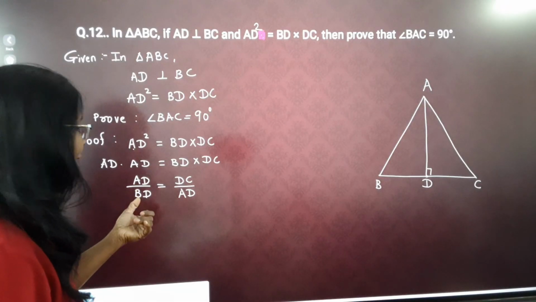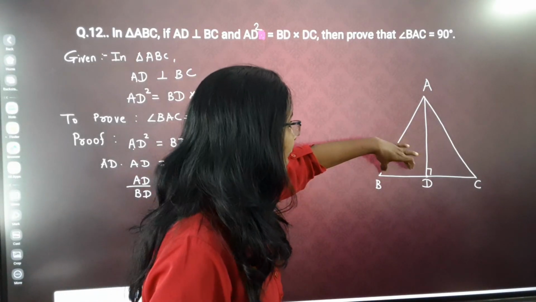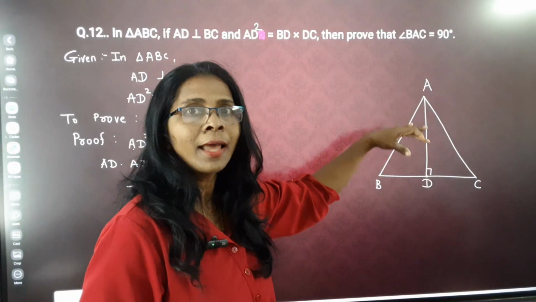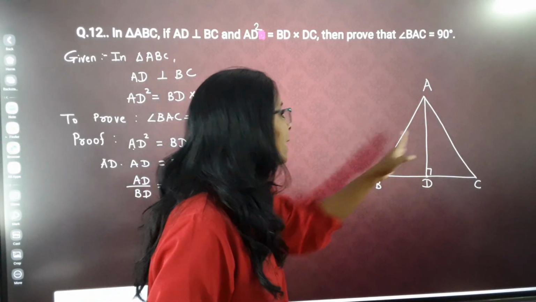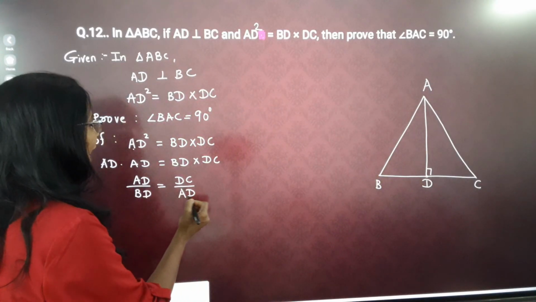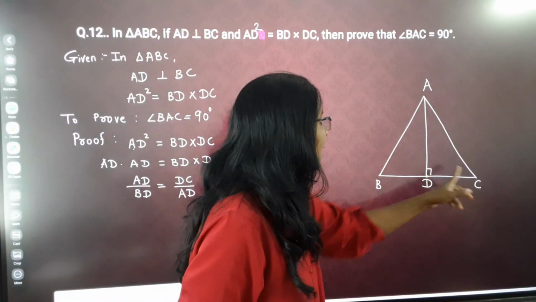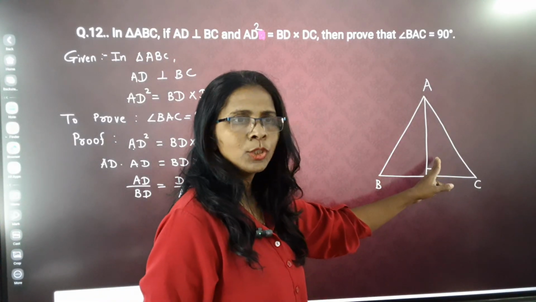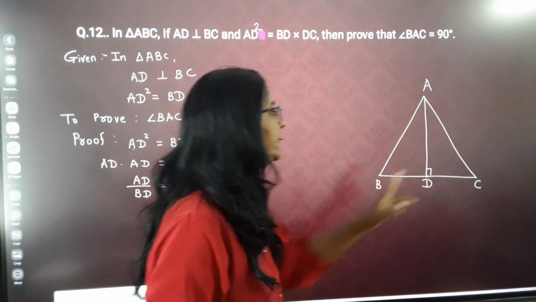Here AD and BD are in triangle ABD, and DC and AD are in triangle ADC.